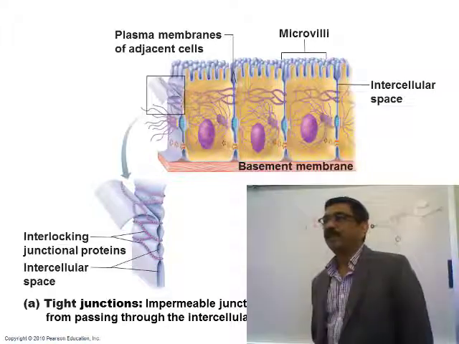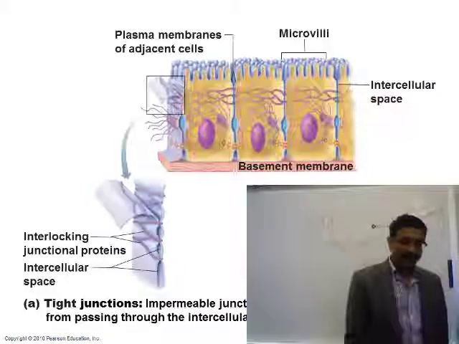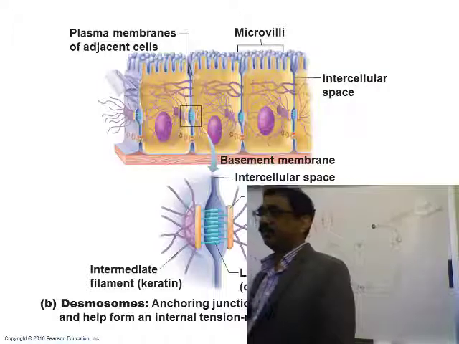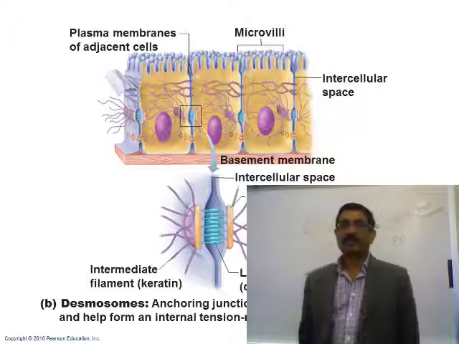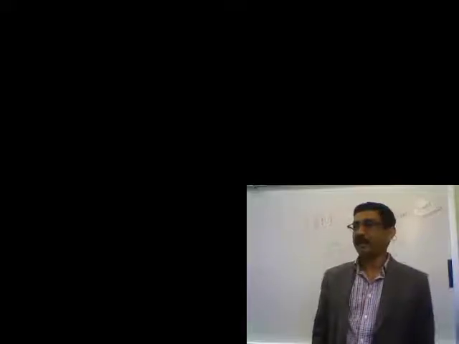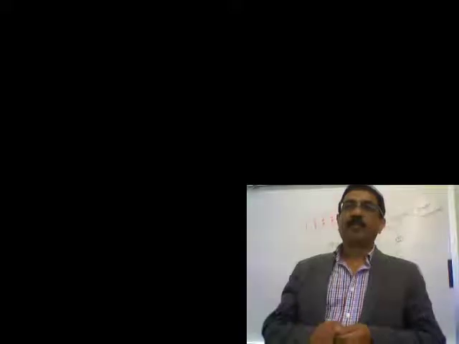Desmosomes. Desmosomes are very strong junctions. They hold the cell membranes together very strongly. So desmosomes are mainly to hold the cells together very strongly. Desmosomes do what?